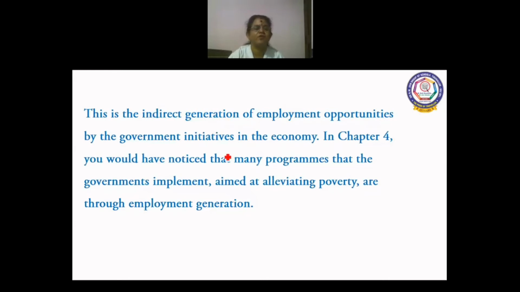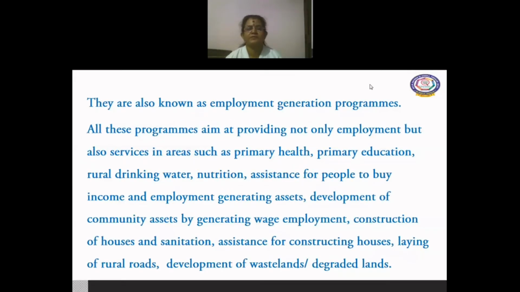In chapter 4, you would have noticed that many programs the governments implement aim at alleviating poverty through employment generation. Many schemes were implemented by the government, and the main aim was to alleviate poverty, and this can be done only by employment generation. They are also known as employment generation programs.